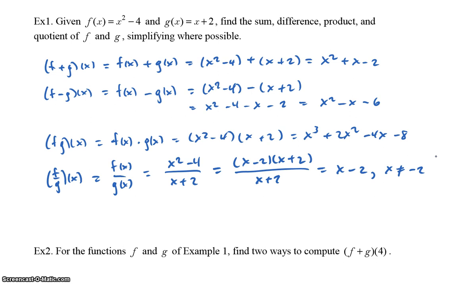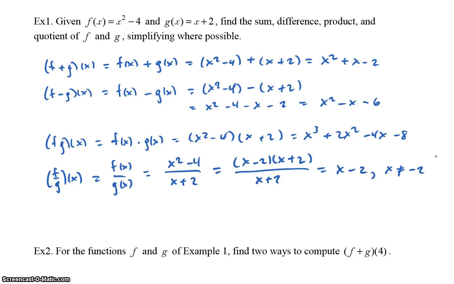So when we simplify, we kind of lose that restriction. But that restriction has to be there because x minus 2 was initially formed by performing a division.